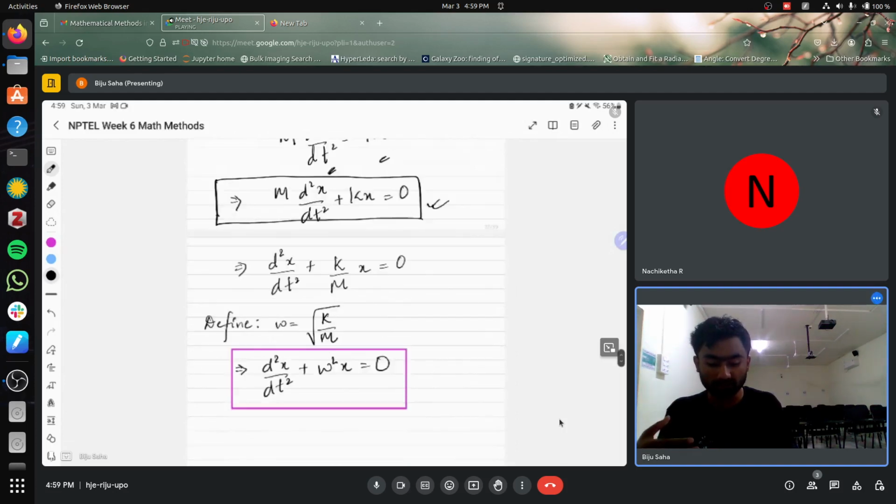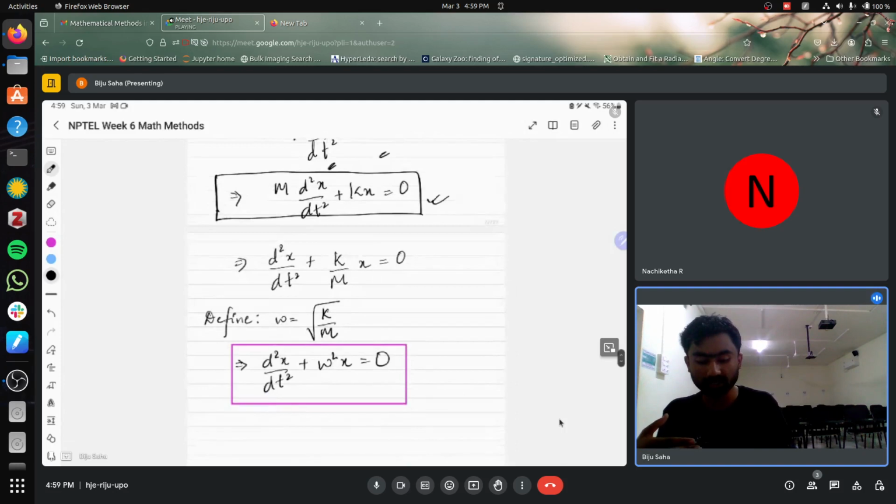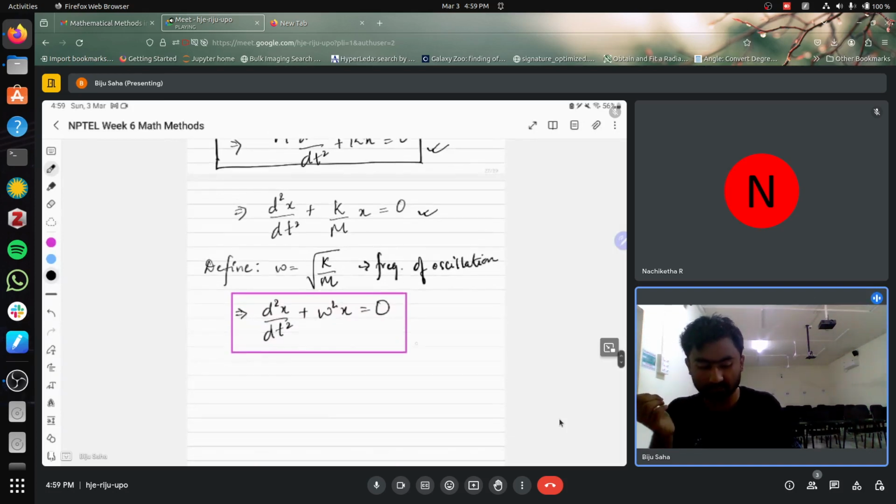First of all, we rewrite it in this form, then we define some omega. Omega will be the frequency of oscillation, which is equal to root of the spring constant divided by the mass. So this is how the modified equation looks.